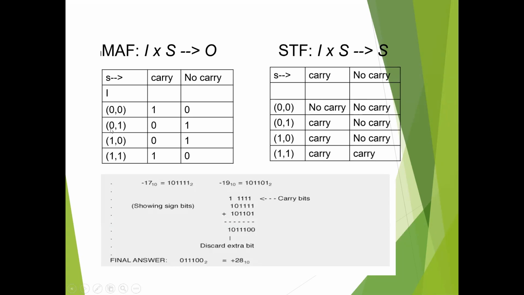If the input to the binary adder is 0 1, and there is no carry, the output will be 1. But if there is a carry, the output will be 0. Now if there is 1 0 input with no carry, the output is 1. With carry, the output is 0. If it is 1 1 and carry, the output is 1. If no carry, the output will be 0.